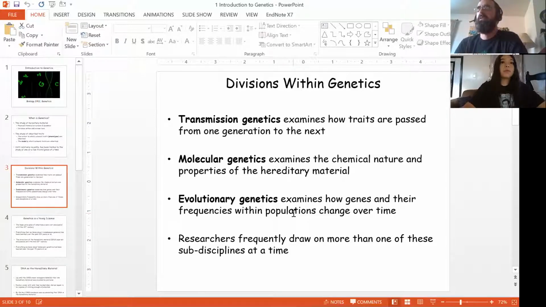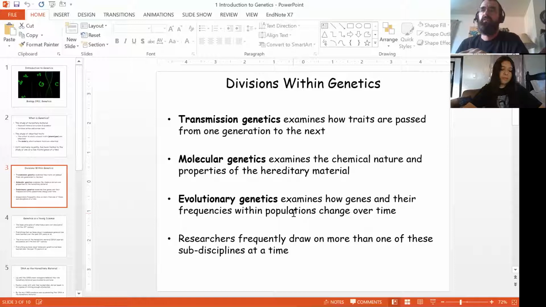Whereas molecular genetics concerns itself much more with how does this gene work, right? How is it controlled? What is its makeup and its structure, right? And between molecular genetics and evolutionary genetics, well, I don't know.